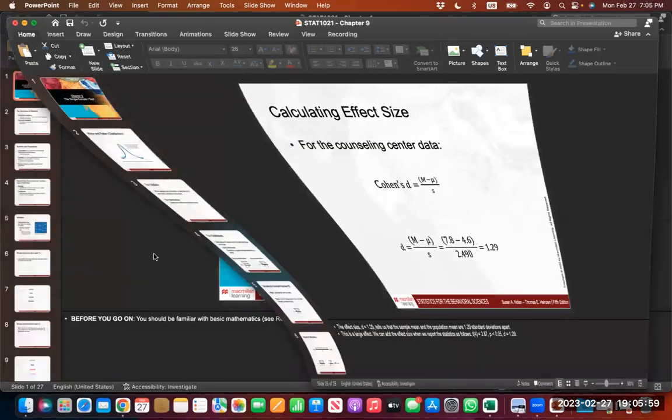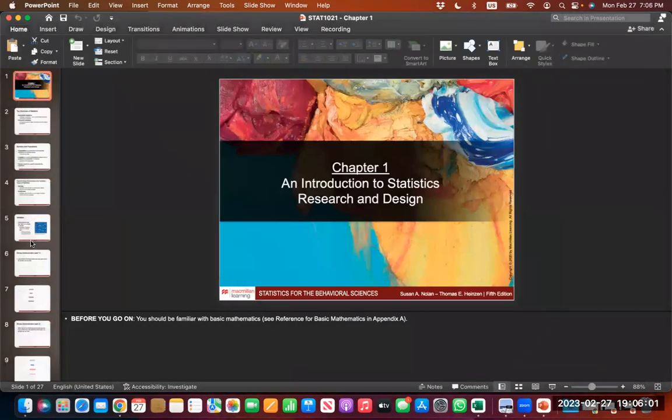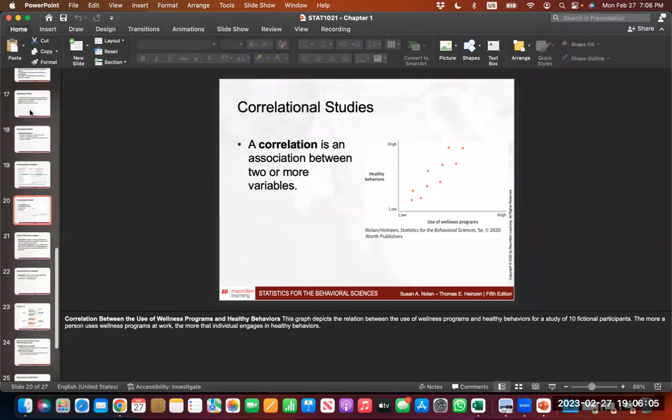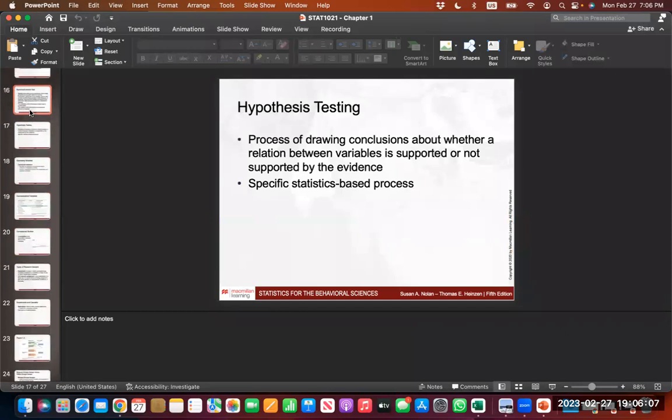Then I quickly just want to talk about what we discussed before and what I mentioned before. For the midterm, please do not underestimate the weight that chapter 1 actually has. This is where I talked before about the operationalization of variables.